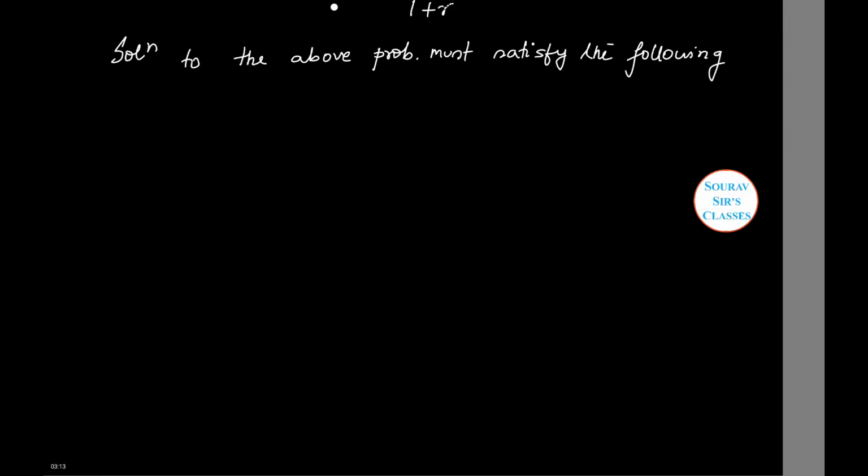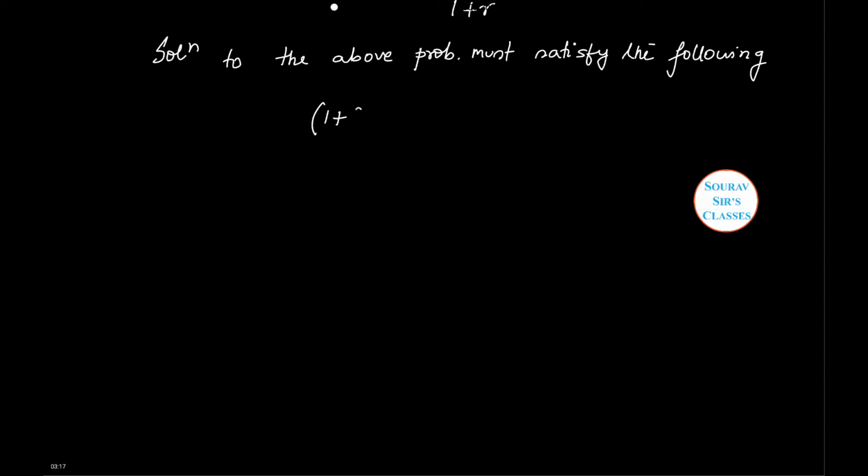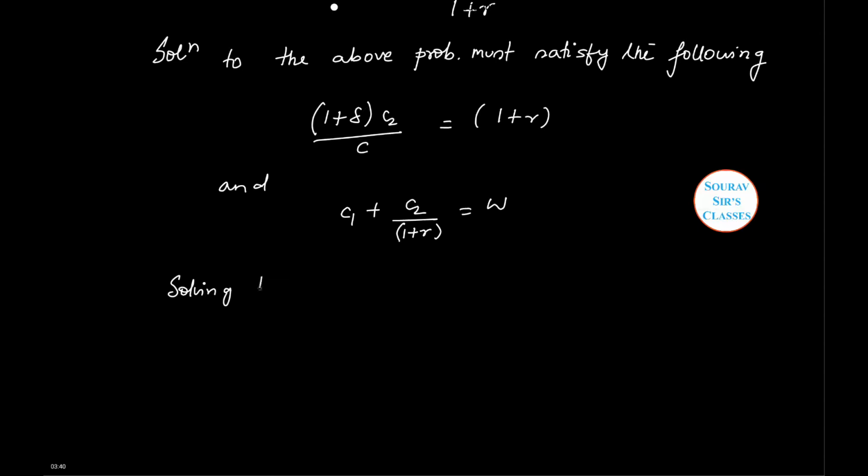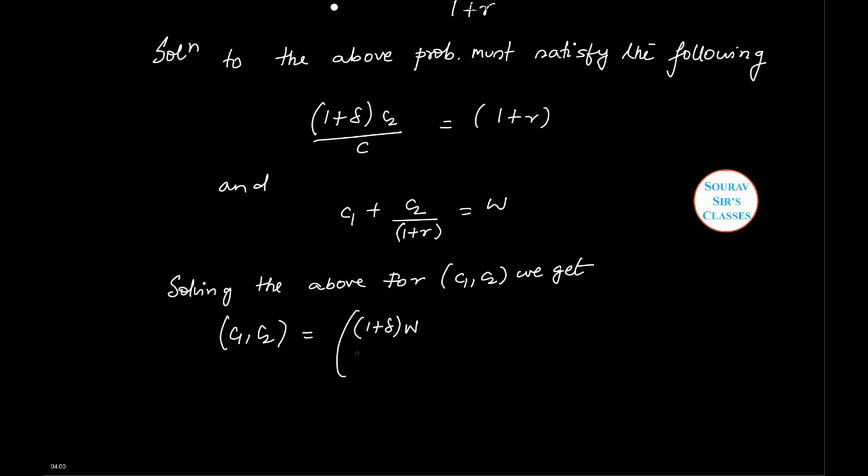The conditions are: 1 plus delta times C2 by C1 is equal to 1 plus R, and C1 plus C2 by 1 plus R is equal to W. So solving the above for C1, C2 we get the values: 1 plus delta times W by 2 plus delta, and 1 plus R times W by 2 plus delta.